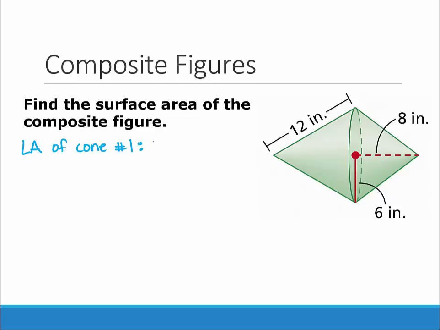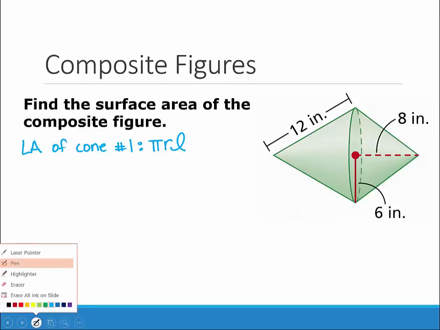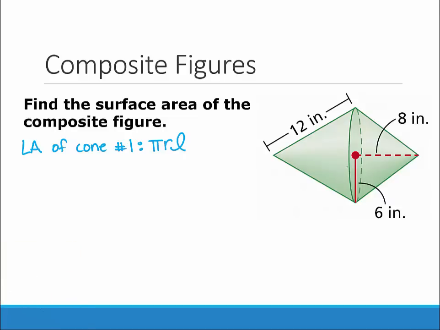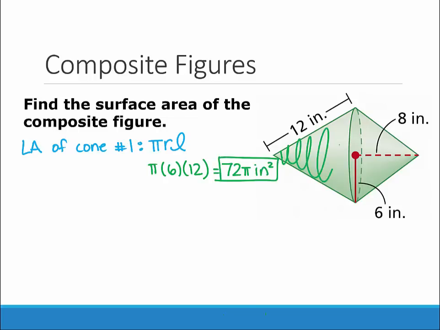Remember that lateral area is pi times the radius times the slant height. So since these cones match up together, the radius for both of them is 6, and the slant height for this one is 12. So we end up with the lateral area of this first cone is 72 pi inches squared. That's this guy here.